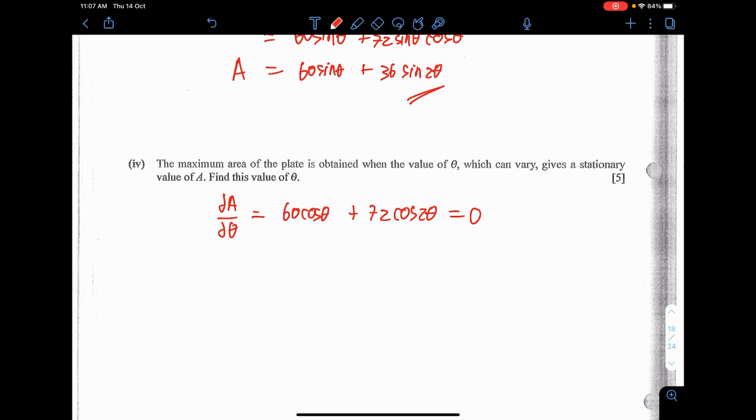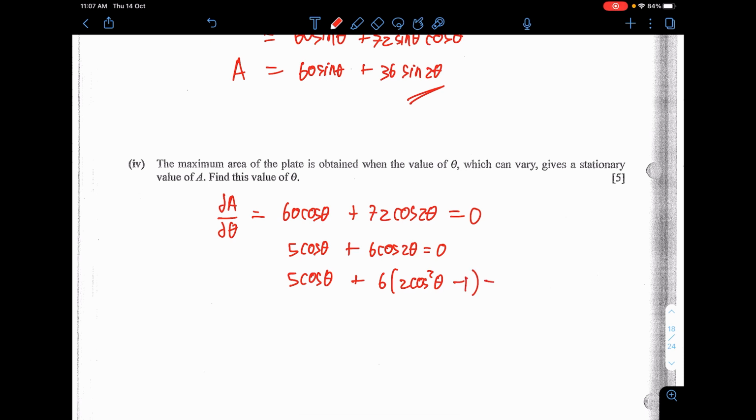I divide by 12, so I got 5 cosine theta plus 6 cosine 2 theta equals 0. The bad thing here is that the angle is different, so I'm going to use the double angle formula, the one with cosine square, so that everything is in terms of cosine. Expand everything, I get 12 cosine square theta plus 5 cosine theta minus 6.